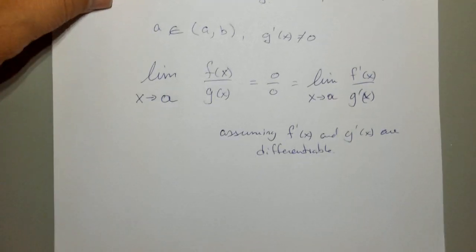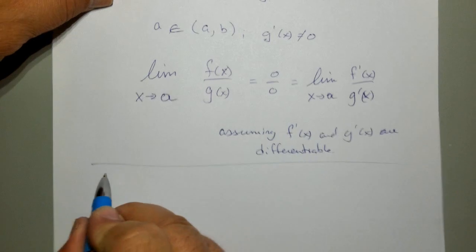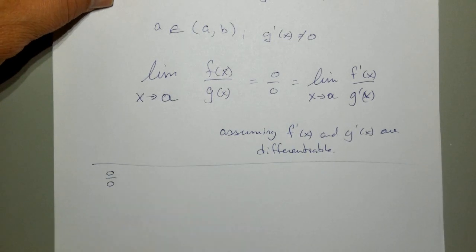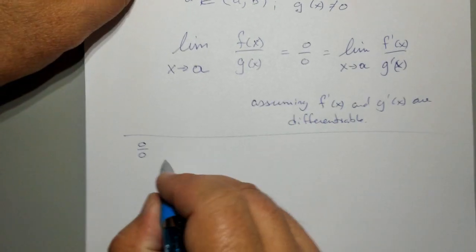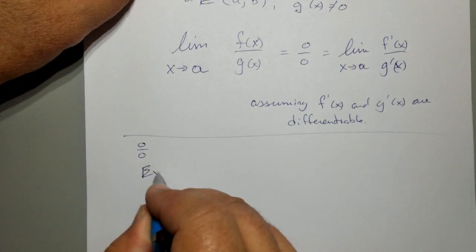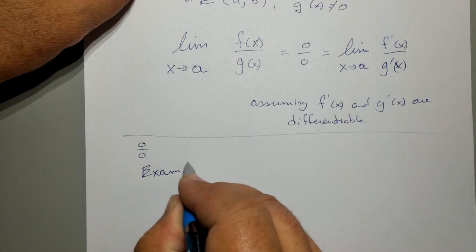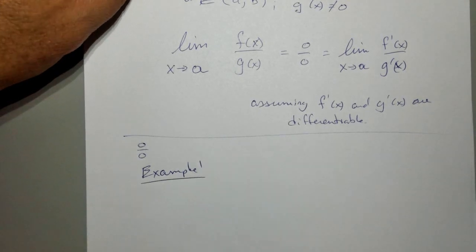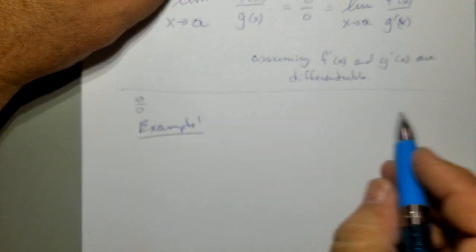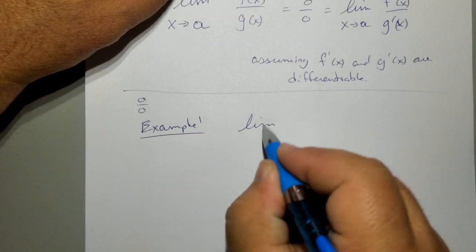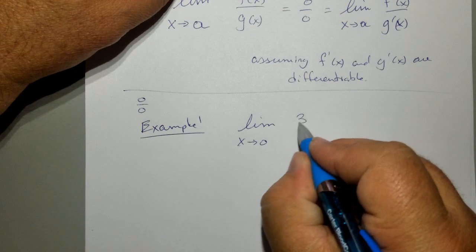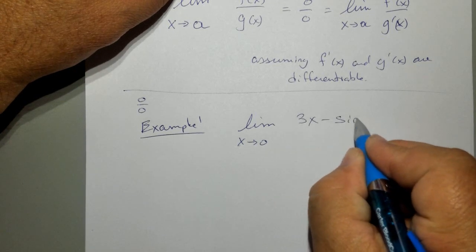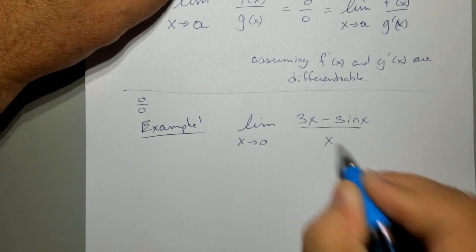The first ones are going to be 0 over 0. Example 1. The limit as x approaches 0 of 3x minus sine x over x.